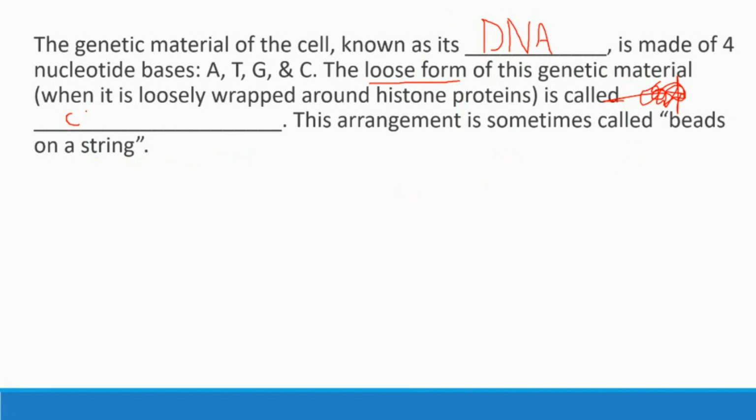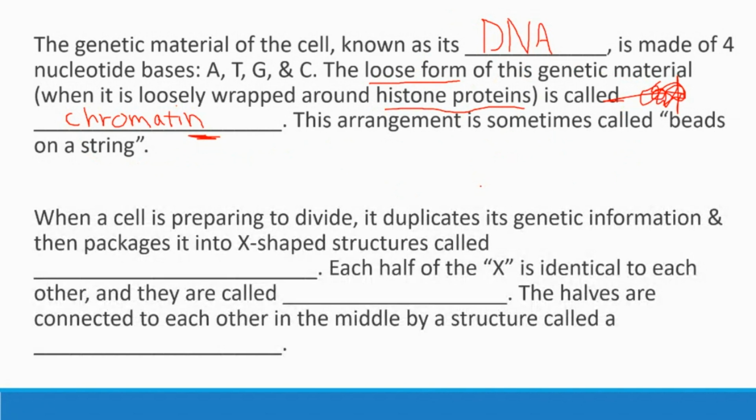So the loose form is called chromatin. And remember, it's chromatin with an N. So chromatin is your loose form of DNA. Like it's mentioned in the textbook, you might read that it's called beads on a string. That's because it's got those histone proteins that we talked about. It wraps around them loosely.